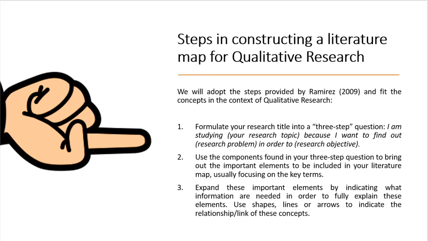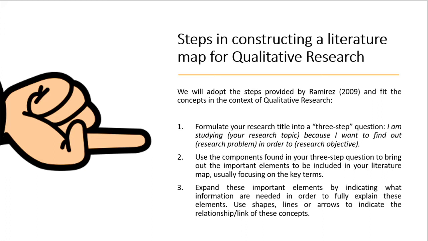Now, this three-step process in developing the literature map was conceived by Ramirez, okay, in 2009.